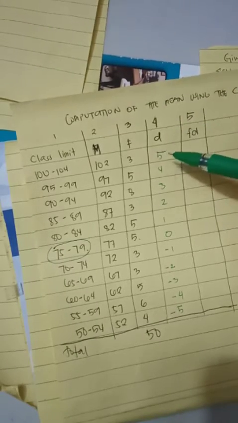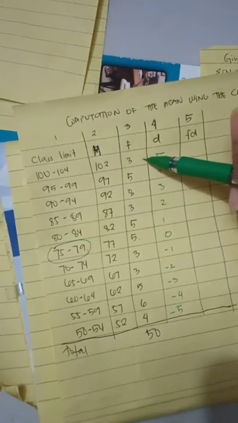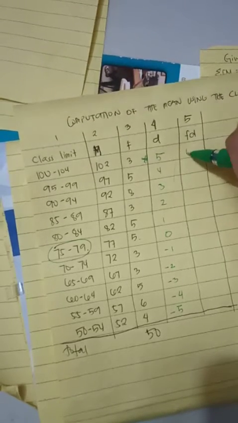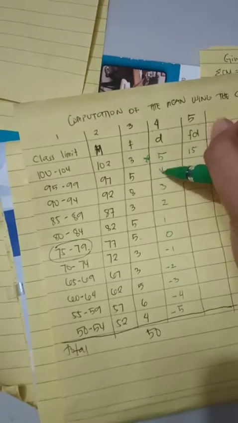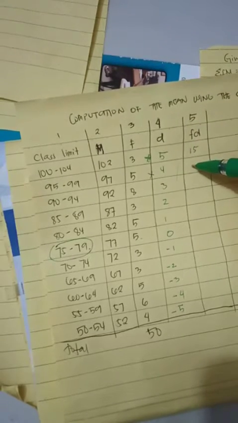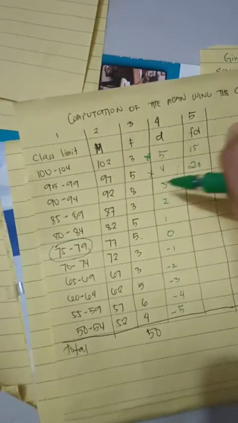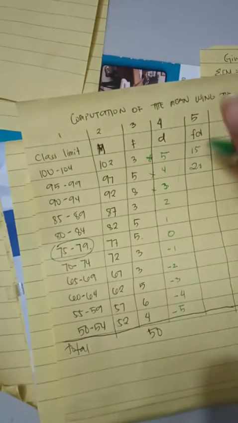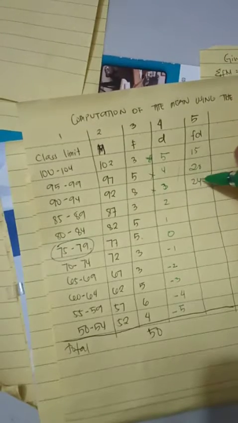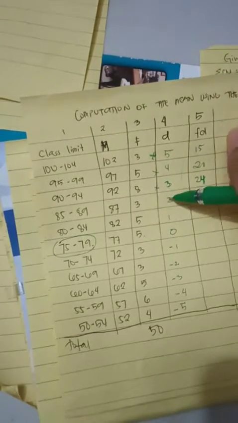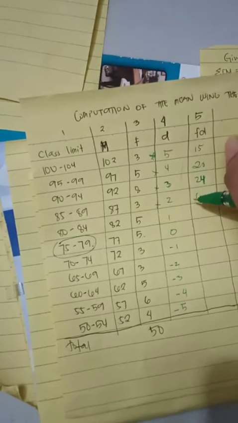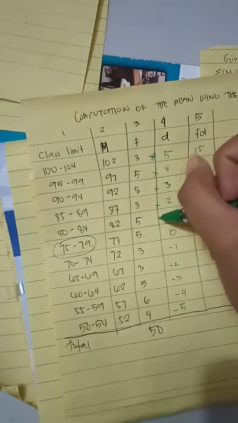That means 5 times 3 is equal to 15. 4 multiplied by 5 equals 20. 3 multiplied by 8 is equal to 24. Multiplied by 3 is equal to 6. 5 multiplied by 1 is equal to 5.